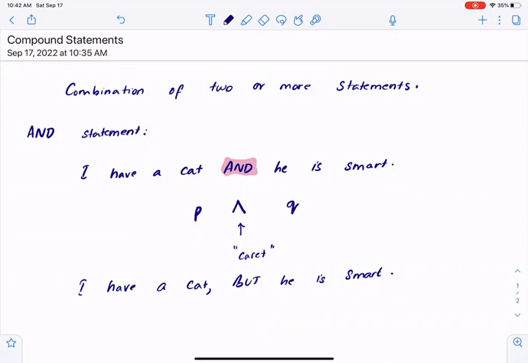So I jump to the next step and I immediately say, I have a cat, but he is smart. So I am pretty much saying the same thing. I have a cat and he is smart. I have a cat, but he is smart.